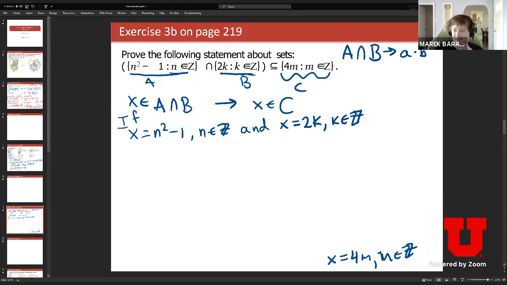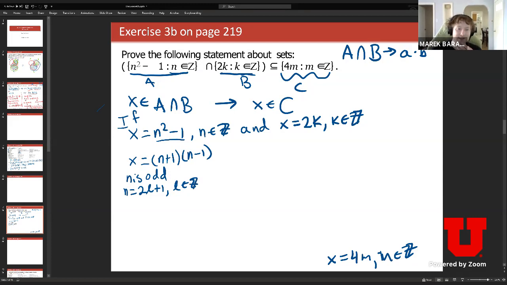Okay, so this is how I did it. If we look here, we can write this as x equals n plus 1 times n minus 1. There's two cases here. If n is odd, then we can write n equals 2L plus 1, where L is an integer.